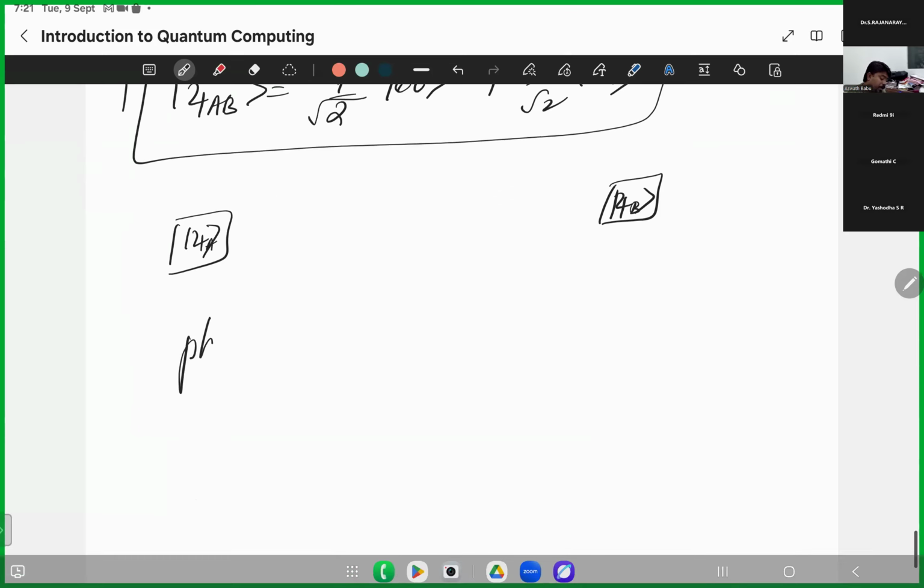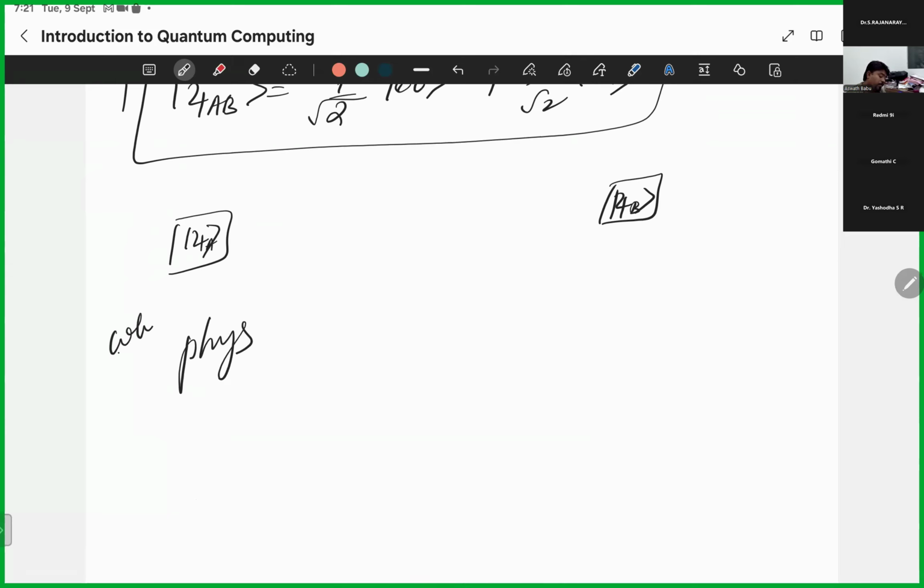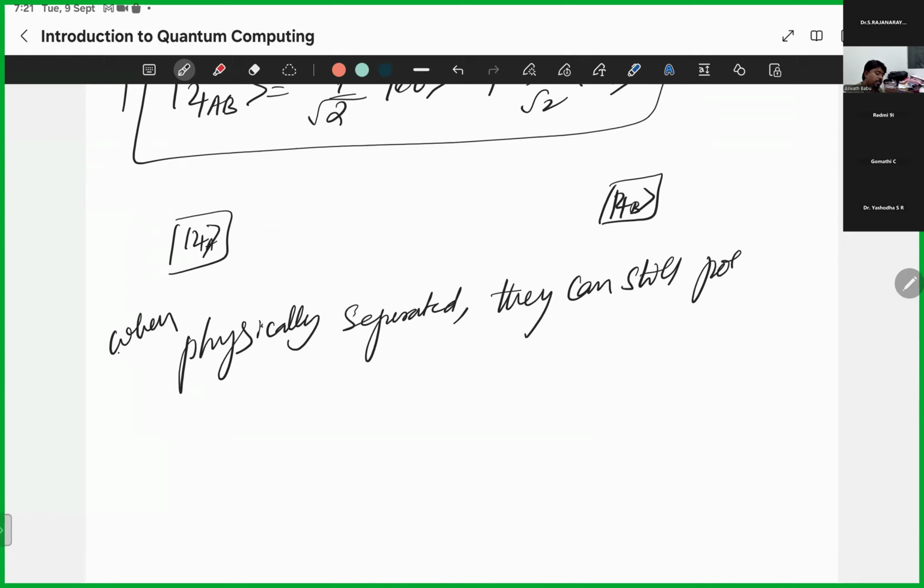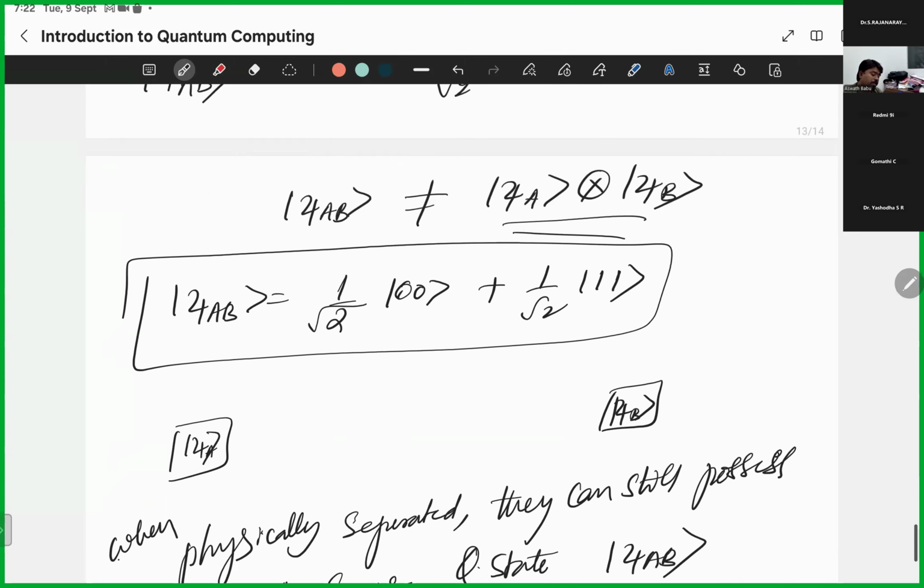They can still possess the same quantum state, which is psi AB.